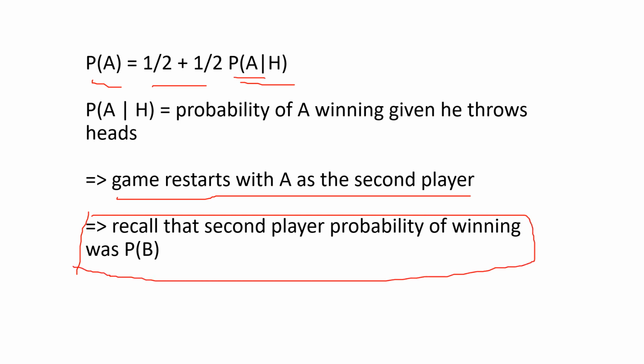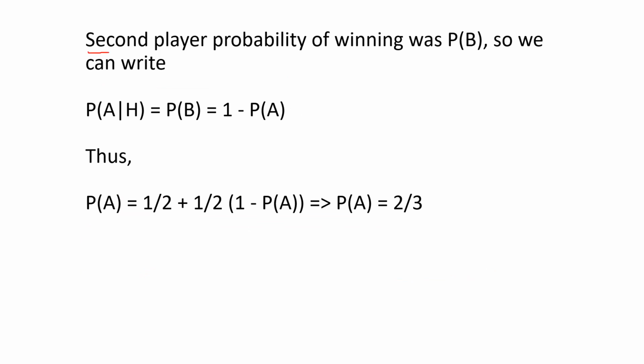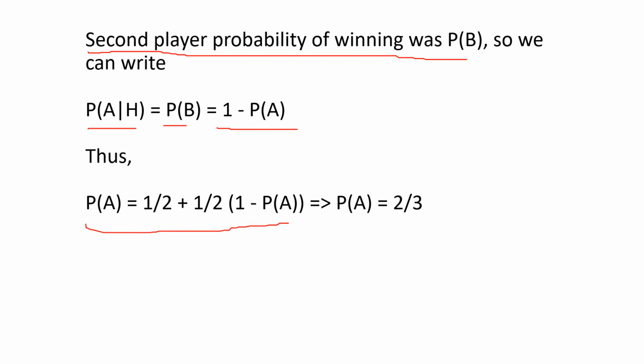So the probability of A winning given that A tossed heads is the probability that the second player wins, which is PB, and we can write that as 1 minus PA. So finally our equation becomes PA equals 1 by 2 plus 1 by 2 times (1 minus PA), and this gives us the answer: the probability of A winning is equal to 2 by 3.